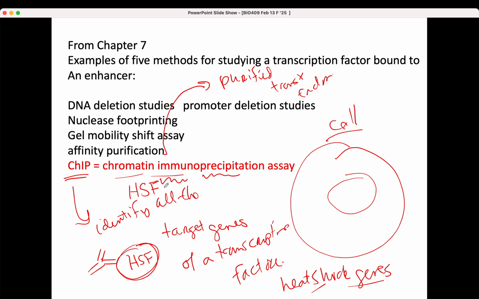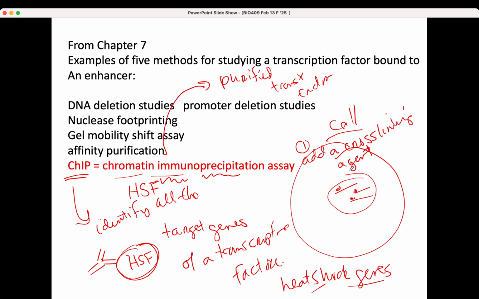Okay. So the first step in this experiment is you would have in the cell all the DNA, and you'd have some heat shock genes that you don't know about yet, and you'd have that HSF bound to them. The first thing you do, in a living cell, is add a cross-linking agent. A cross-linking agent is going to create random covalent bonds between molecules all through the cell.